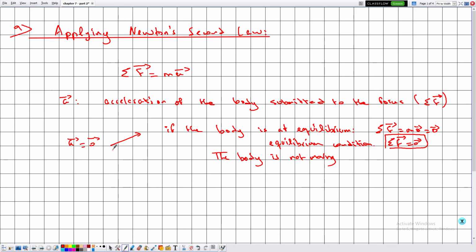Now the other case, if the body is moving but at a constant speed or at a constant velocity.